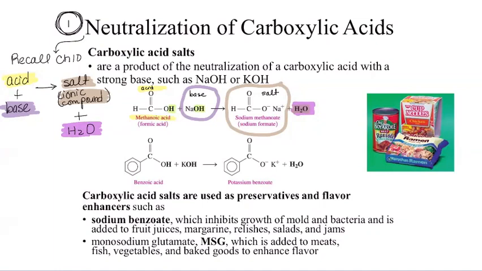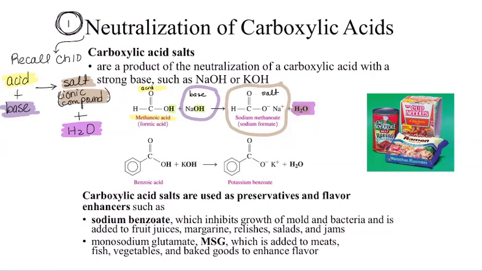It is known that sodium benzoate is going to inhibit the growth of mold and bacteria, and that's why it's added to fruit juices, margarine, relishes, salads, jams, canned food. What you're trying to do with the sodium benzoate is to use it as a food preservative.